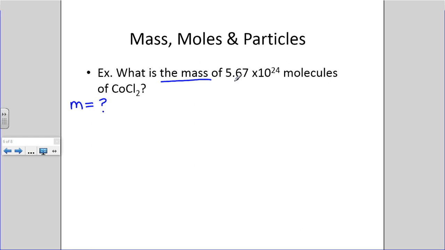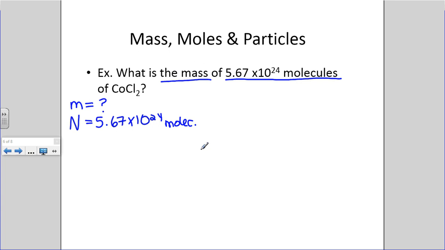We have a measurement given to us, but it is in molecules. That's a type of particle. So 5.67 times 10 to the 24 molecules. Okay, now there's nothing where we can do a simple one-step calculation to go from particles to mass.